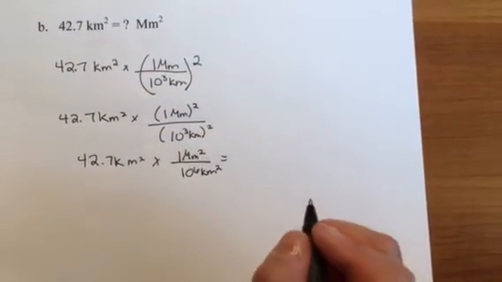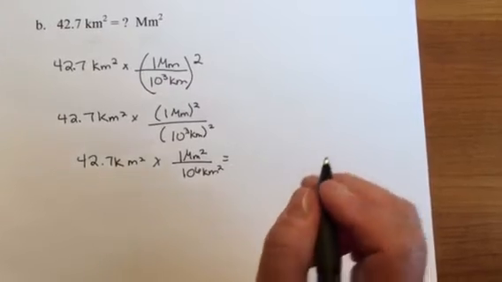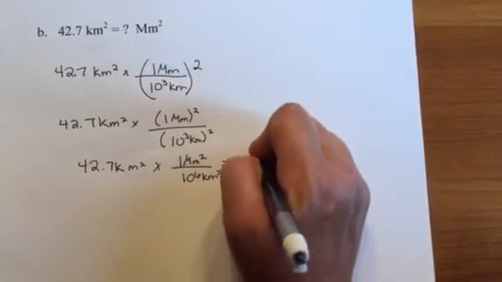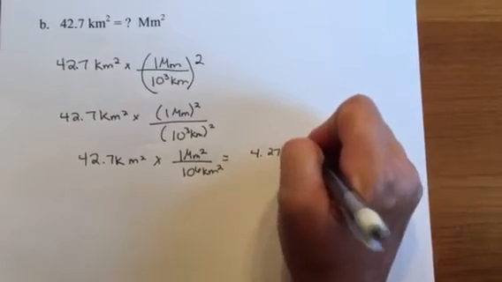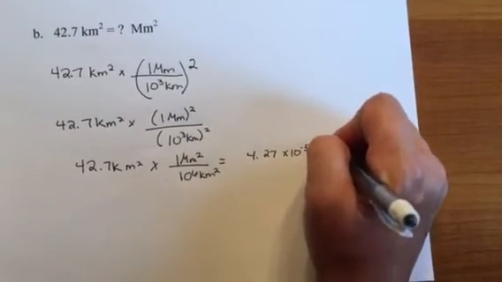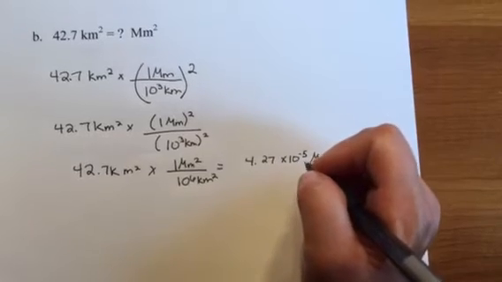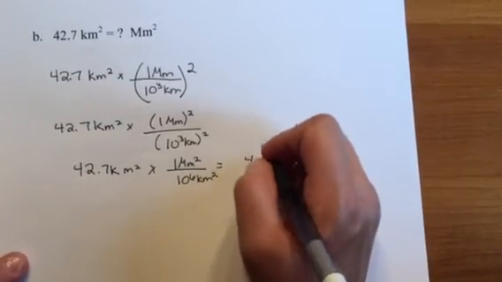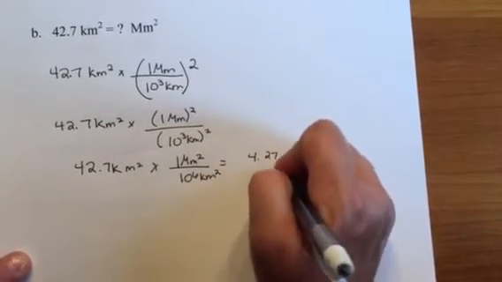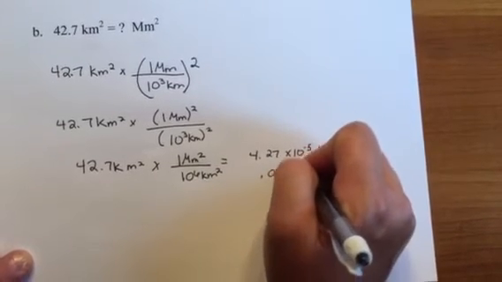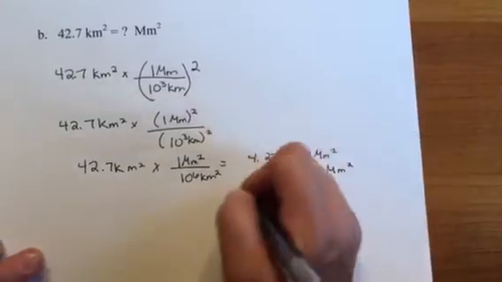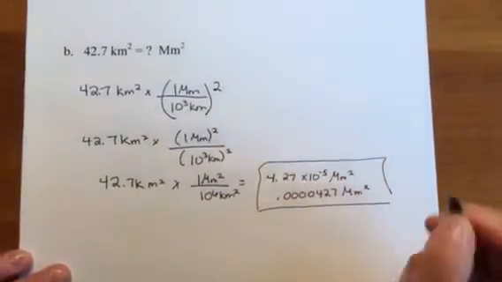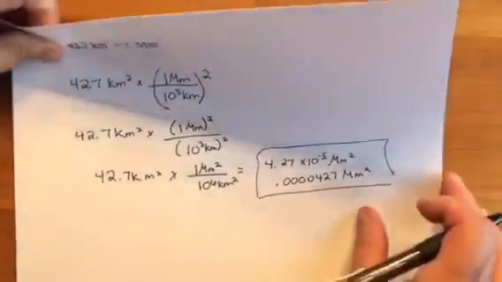And when we multiply it all together, we get 4.27 times 10 to the negative 5th megameters squared, or if you wanted to write it as a decimal, 0.0000427 megameters squared. So remember, what you do to the top, you do to the bottom.